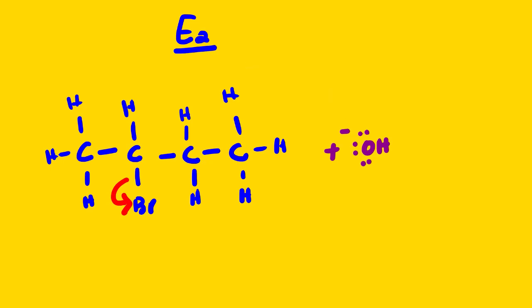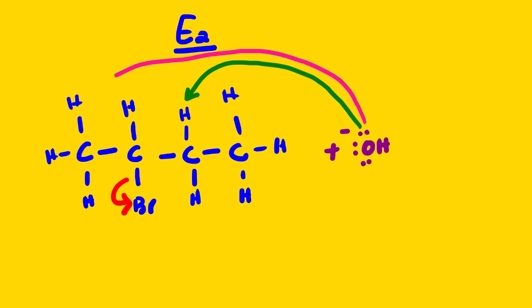Remember that a question might say major or minor product. So how do we produce the minor and the major product? Suppose the base deprotonates this hydrogen, or the base deprotonates this hydrogen.